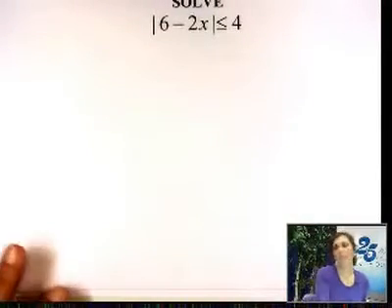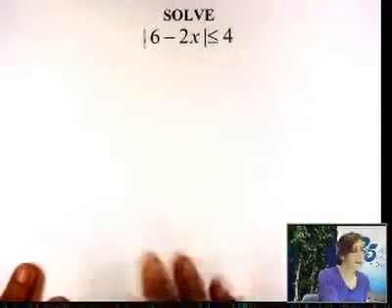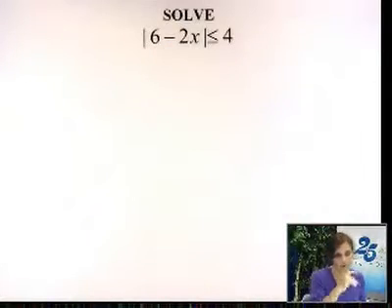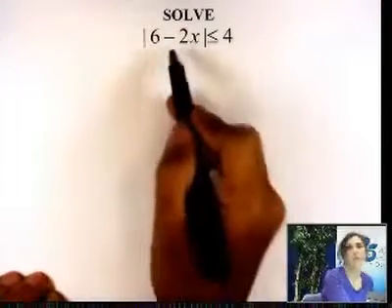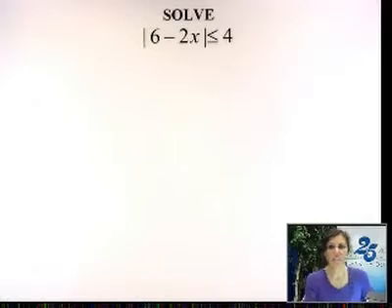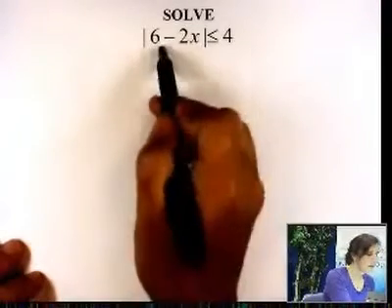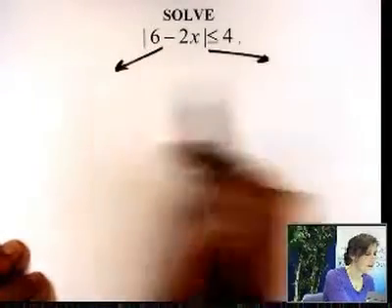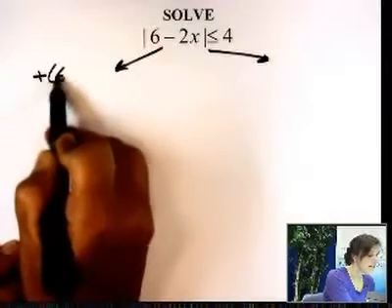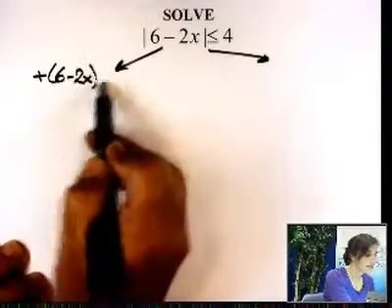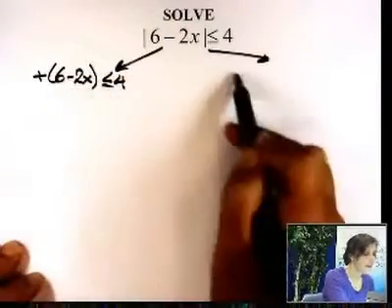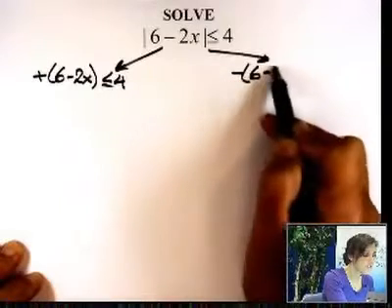Let's do this example. What is different about that? Again, less than, it's a sandwich, but the leading coefficient of x is negative 2. I'm going to have 2 parts. Positive 6 minus 2x. Negative 6 minus 2x.